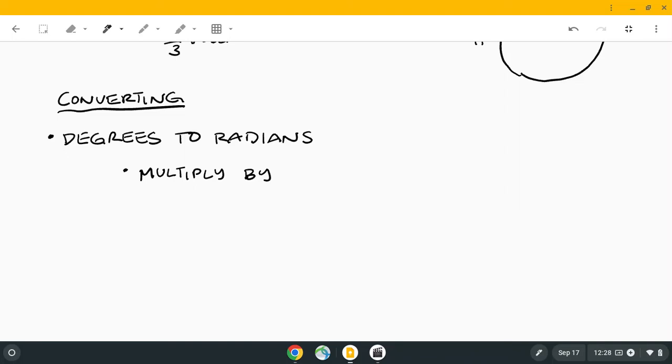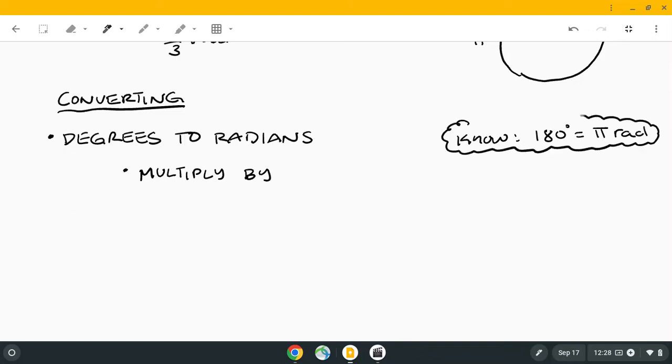Here we already know that 180 degrees is equal to pi radians, right? So since 180 degrees equals pi radians, then 180 degrees over pi radians equals 1.